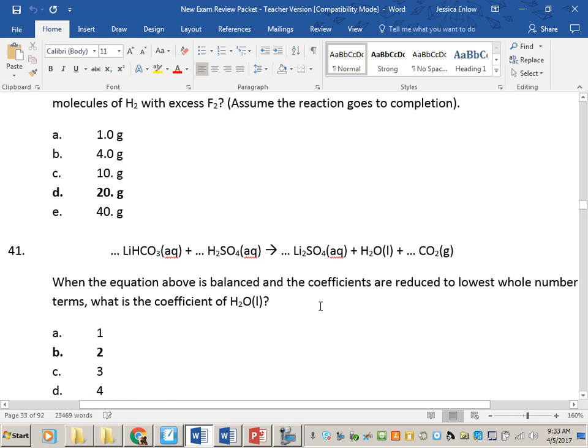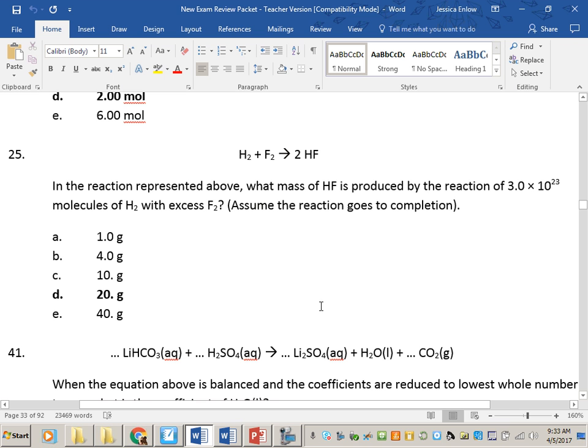So question 25 is D. Thumbs up. They try to give you math that is approachable and doable in your head. Okay, we have excess HF2. We already know the limiting reagent. It's going to be the 3 times 10 to the 23rd molecules of H2. So what'd you do? It's about half a mole. How do you know that?